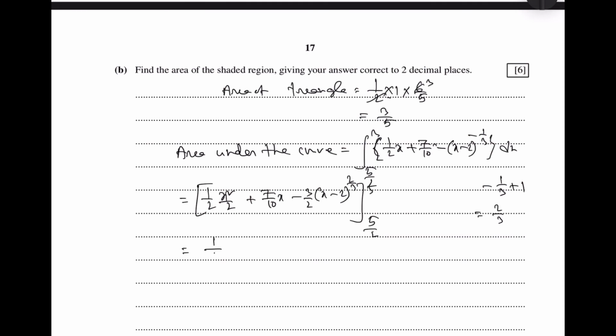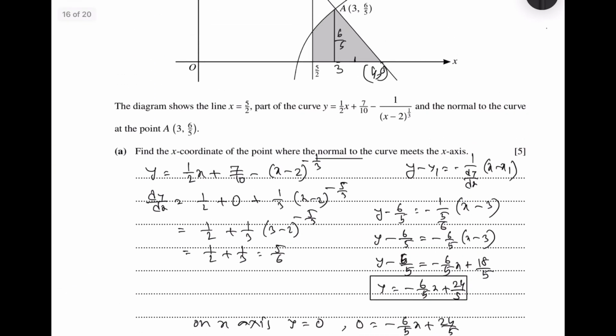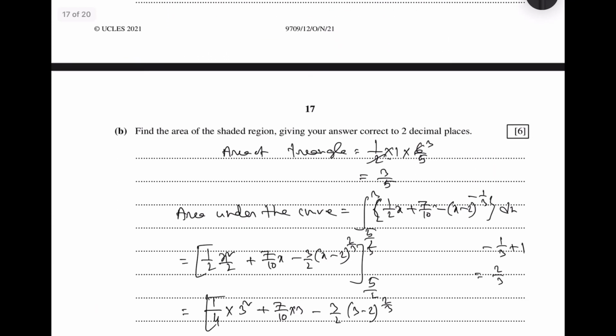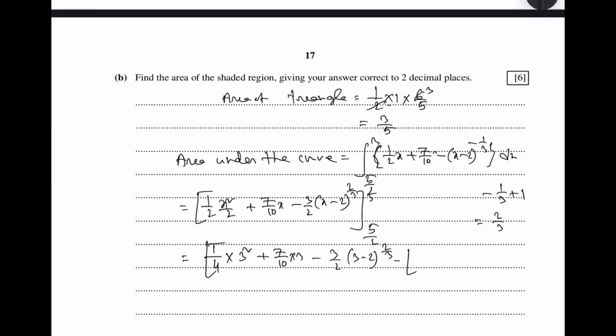So 1 by 4 times 3 squared plus 7 by 10 times 3 minus 3 by 2 times (3 minus 2) to the power 2 by 3. Let me check the limit again. Yes, 5 by 2 to 3. Minus 1 by 4 times 2.5 squared plus 7 by 10 times 2.5 minus 3 by 2 times (2.5 minus 2) to the power 2 by 3.